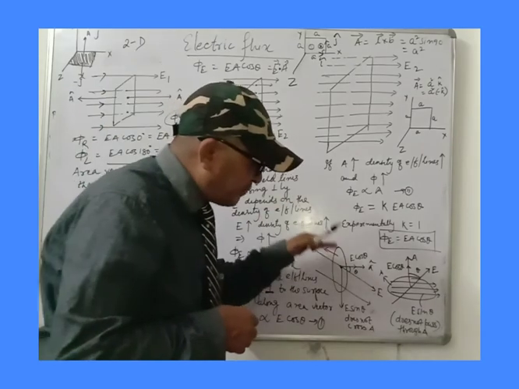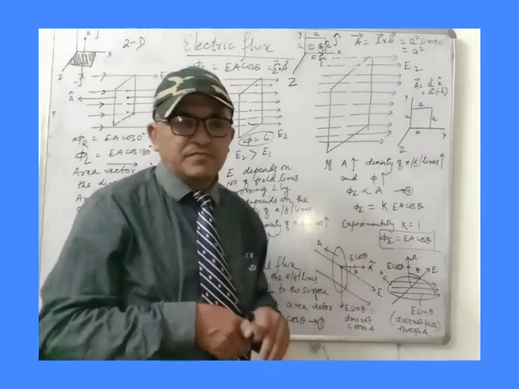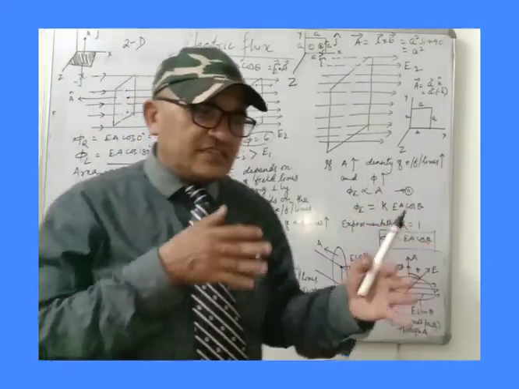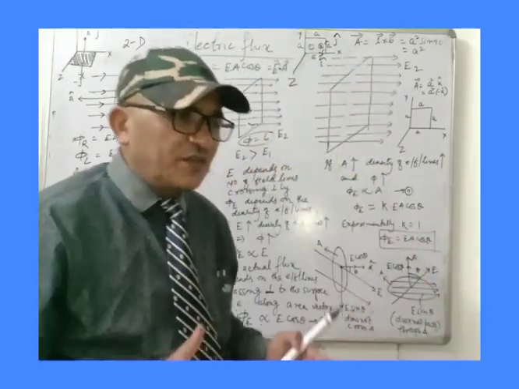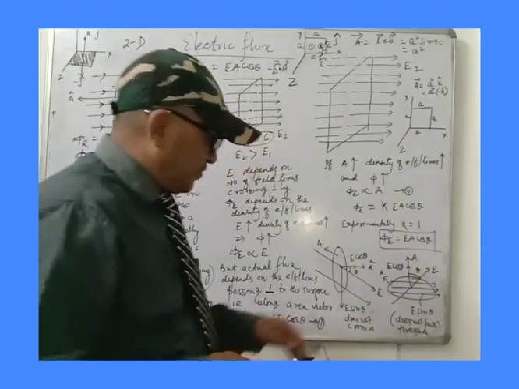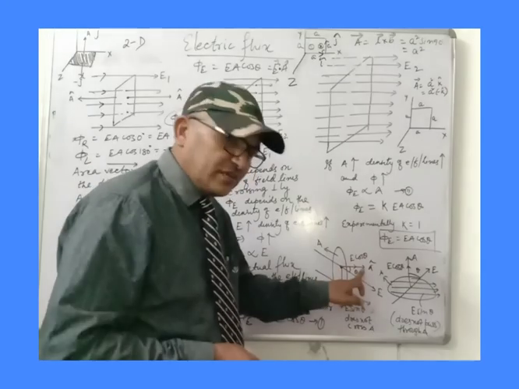So which electric field lines will be responsible for electric flux? According to the definition, only the electric field lines which are perpendicular to the surface are responsible for electric flux. This is not perpendicular to the surface. This is perpendicular.